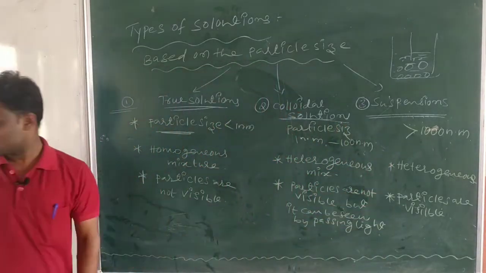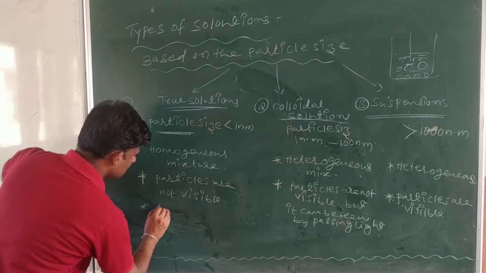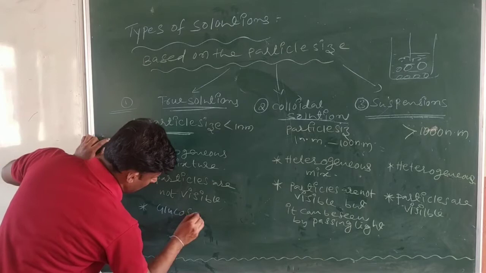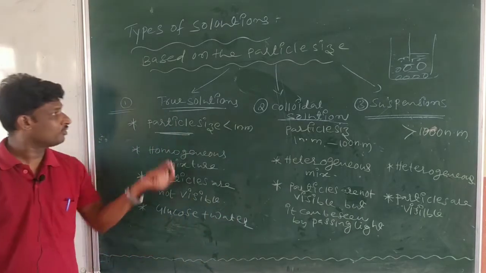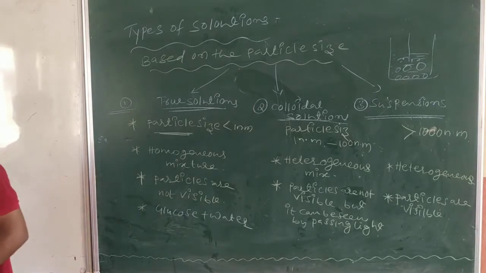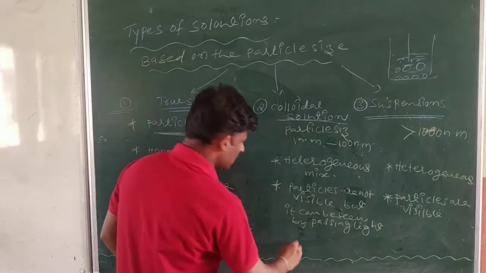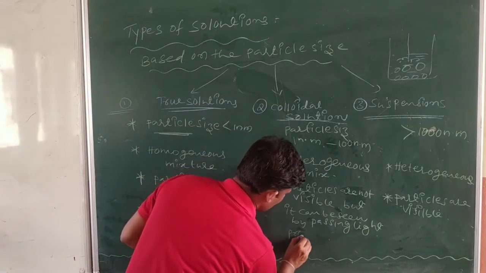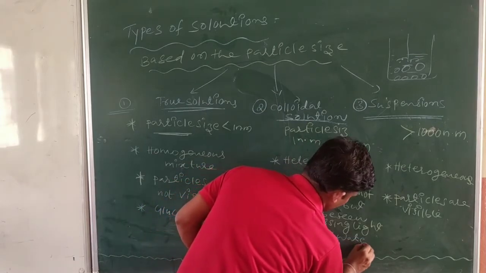So what are the examples of true solutions, sir? Any number of examples are there. I will tell one example: glucose plus water. This is one example of a true solution. And we will see examples for the colloidal solution: protein plus water, or gold plus water, or copper plus water.